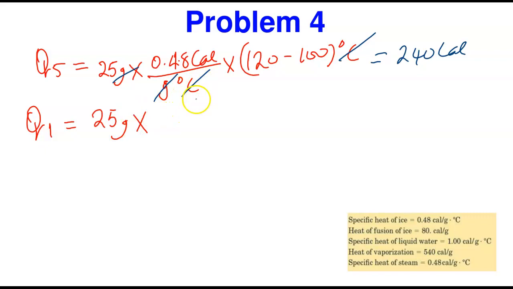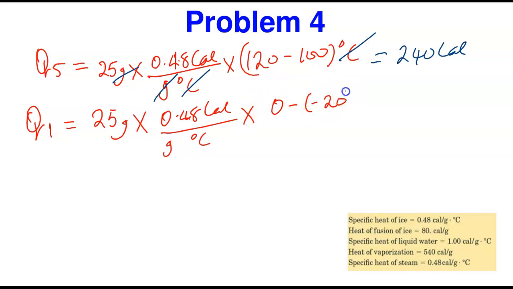the specific heat capacity of ice, which is the same thing as that of steam. So it's going to be 0.48 calories per gram per degree Celsius, times now 0 minus 20. That's what we have here, remember? And this will be in degrees Celsius.